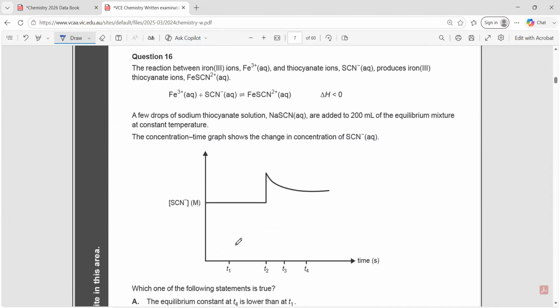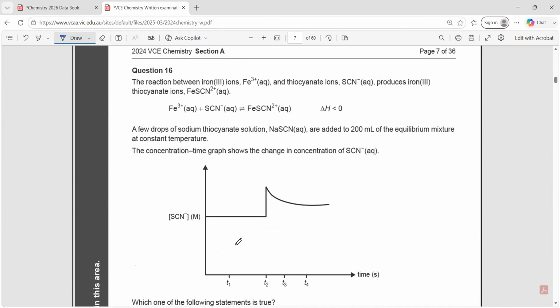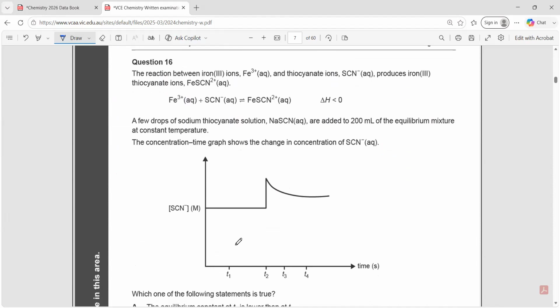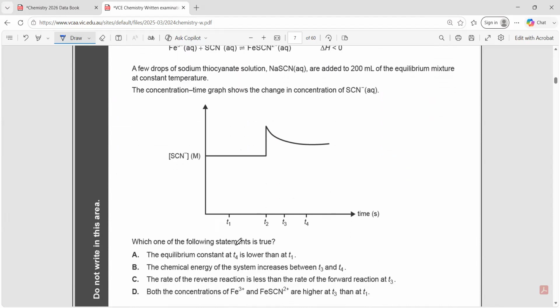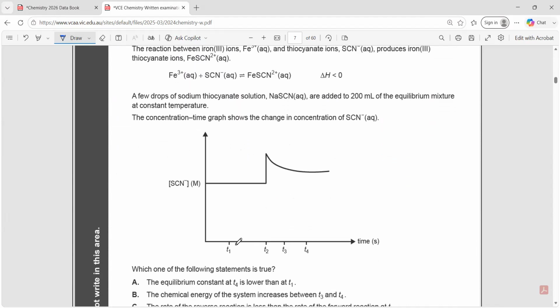A few drops of sodium NaSCN are added. The equilibrium constant at T4 is lower than at T1. Yeah, probably.